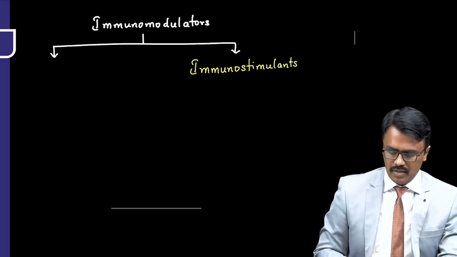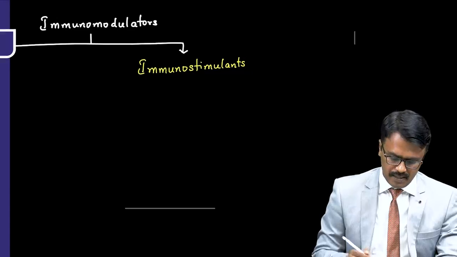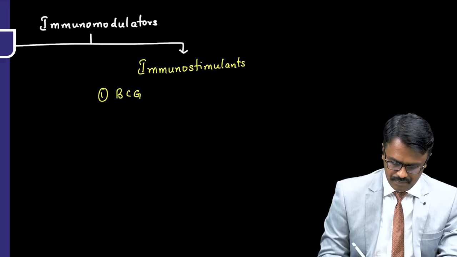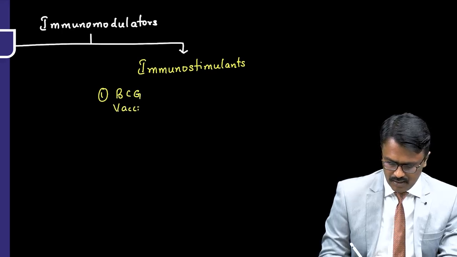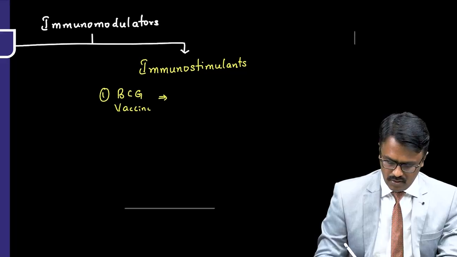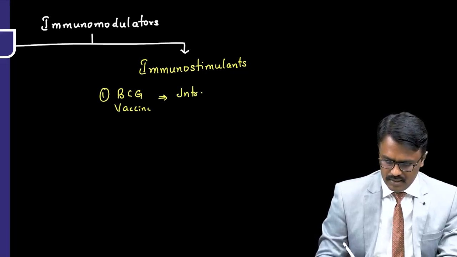So, they increase the immunity. Examples are the BCG vaccine. So BCG vaccine is given to increase the immunity and destroy the cancer cell. So it is used locally, intravesical.